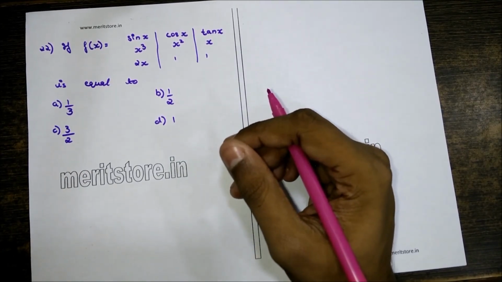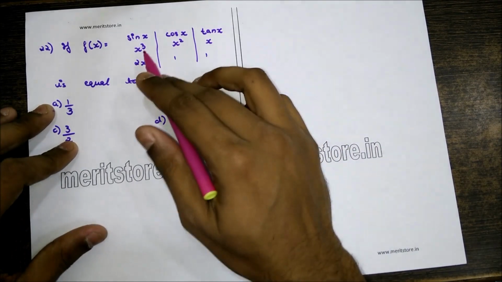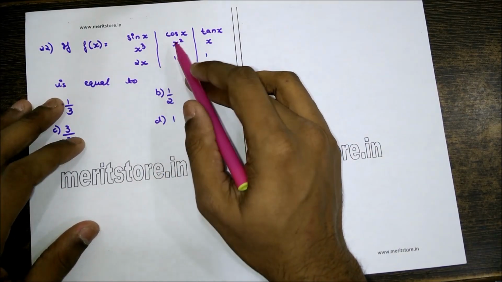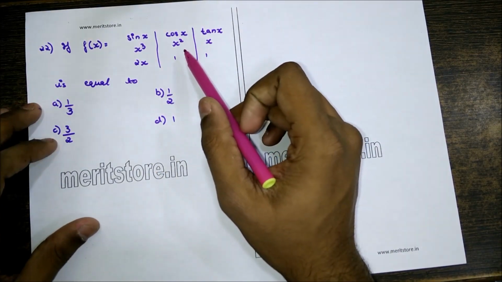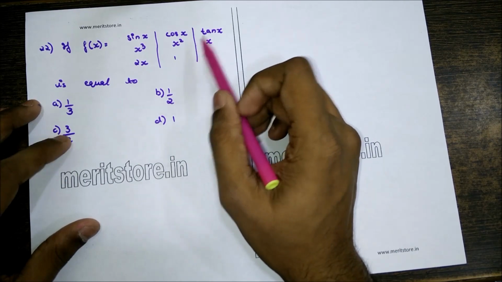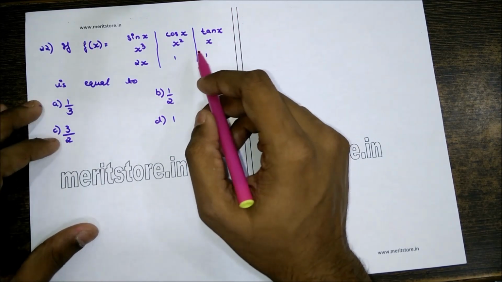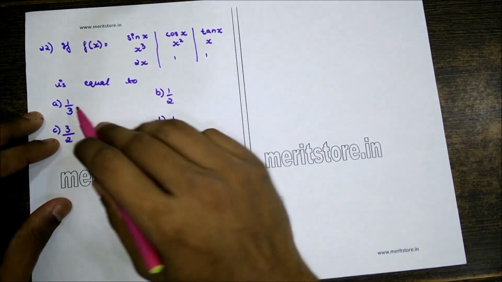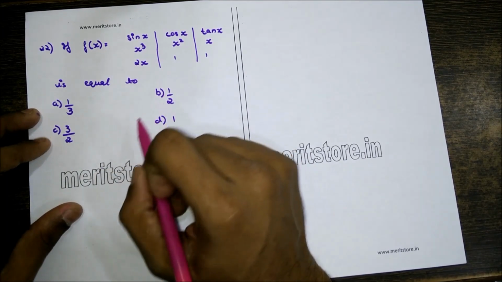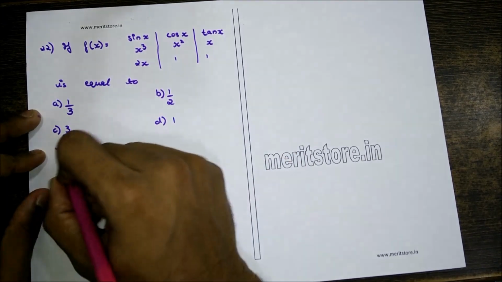If f of x is equal to the determinant with entries sin x, x cube, 2x; cos x, x square, and so on; tan x, x, 1, it is equal to: A 1 by 3, B 1 by 2, C 3 by 2, or D 1.